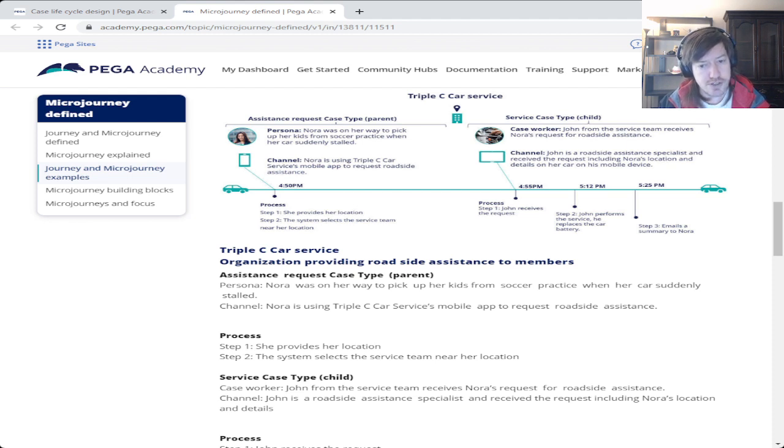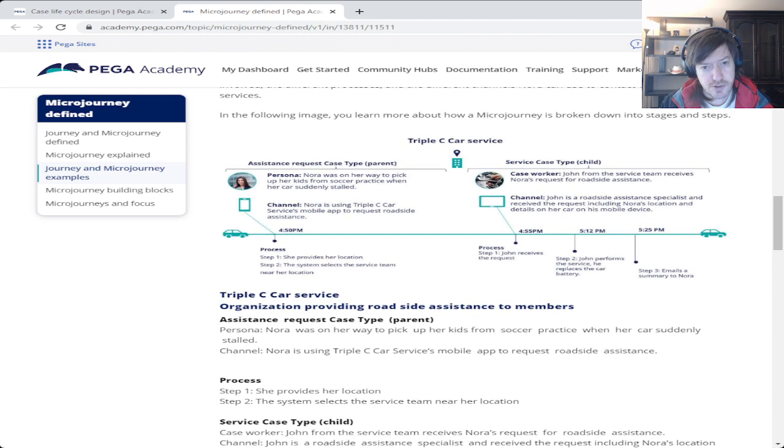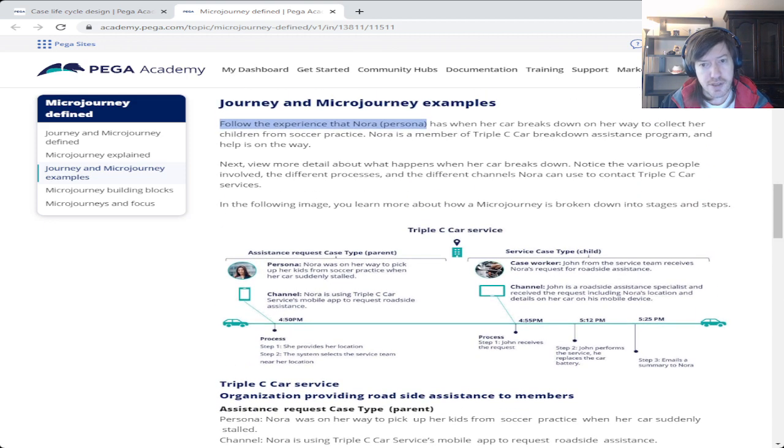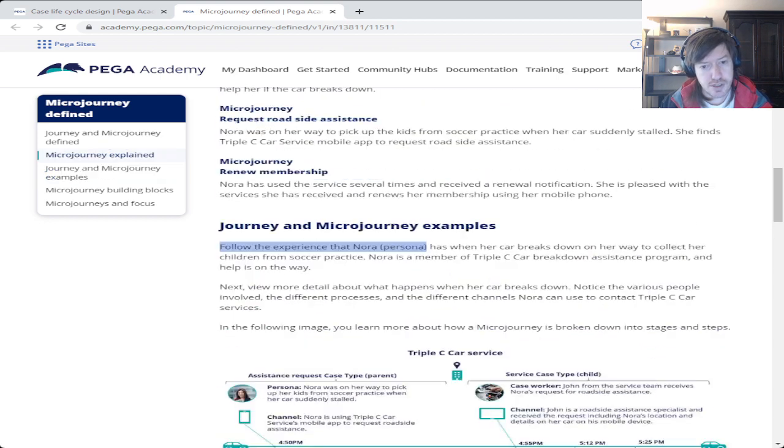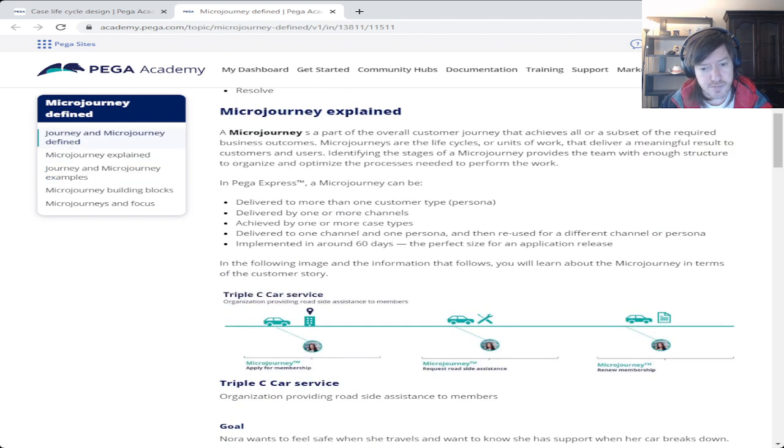Because you have processes underneath them. What the heck is this? Pega, what are you doing here? Okay, John from the service team receives Nora's request for roadside assistance. And technically, because there's different stages, they're not parent and child here. They're all still kind of contained within the microjourney of the roadside assistance.